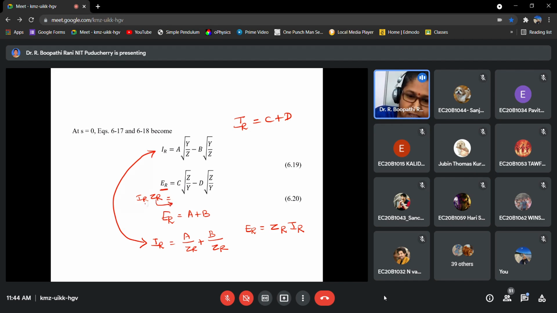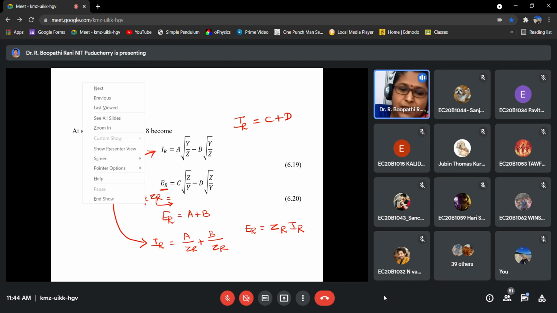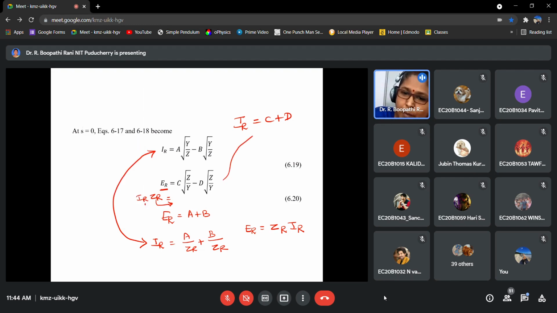We get the IR expression, and both left-hand sides, IR, can be compared to obtain the solution for C and D.